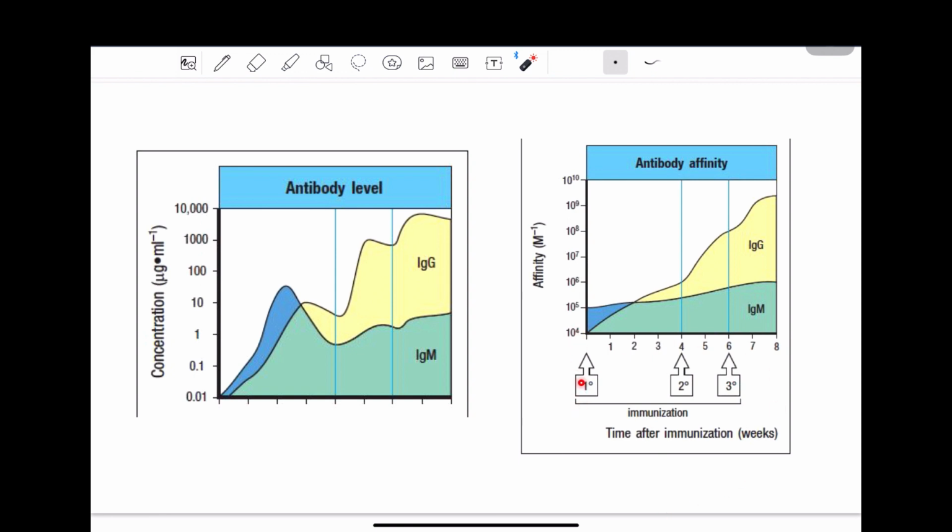So this is when the antigen was introduced for the first time. So this is showing immunization. So immunization means when we are introducing a dead pathogen or an inactivated pathogen in the body, so that the body can generate its own memory cells, right?